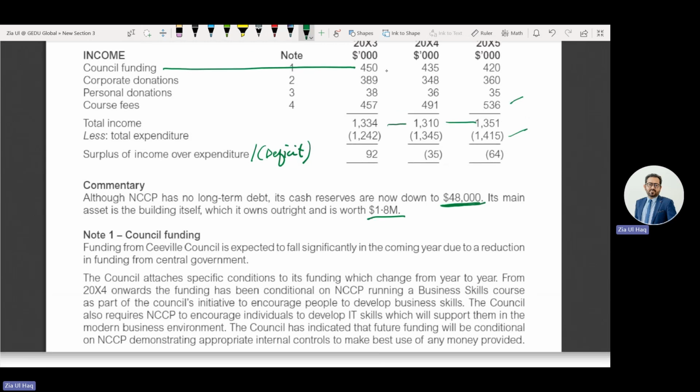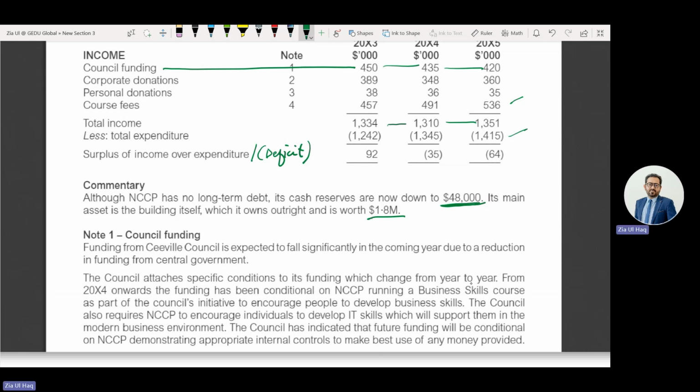Yes, it's reduced from 20x3 to 20x5. In the coming year, due to a reduction in funding from central government. The council attached specific conditions to its funding, which change from year to year.